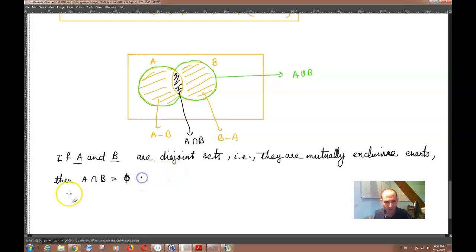Therefore P of A intersection B is equal to 0.